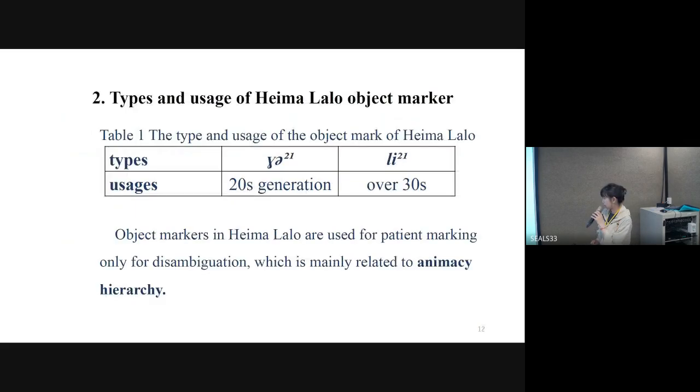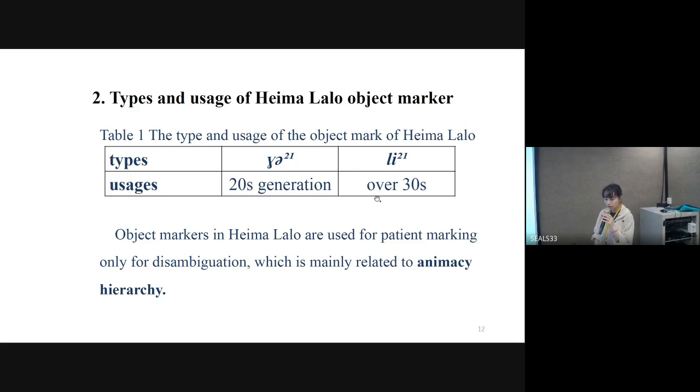And let's go to our main talk. This section I want to talk about the types and usage of the Heima Lalo object marker. As you can see in table 1, Lalo has two types of object marker. Their usage is different by generation. The younger generation, around their 20s, use one to mark the object.